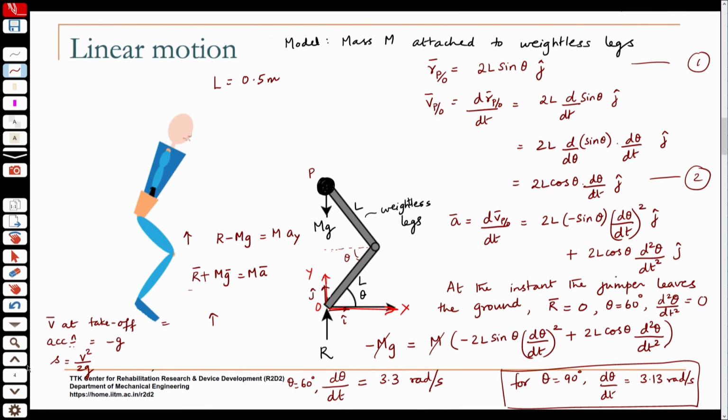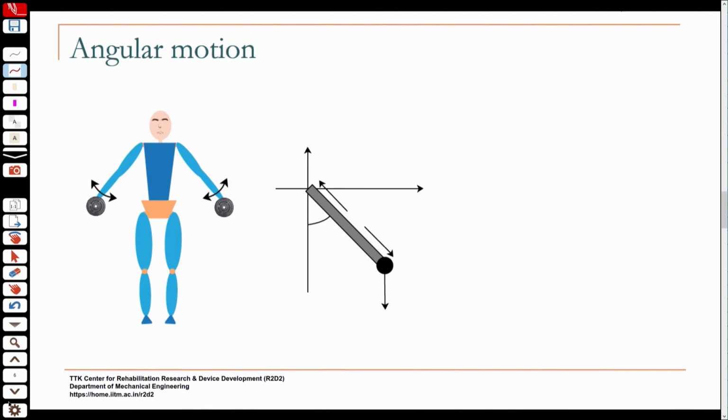That is the motion of the center of mass. We will next look at angular motion.